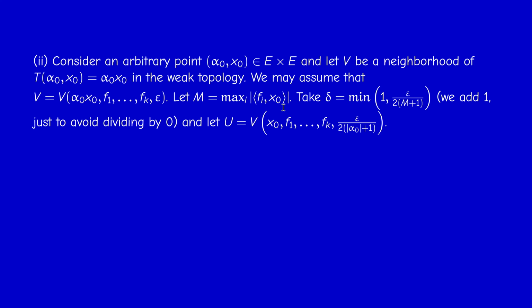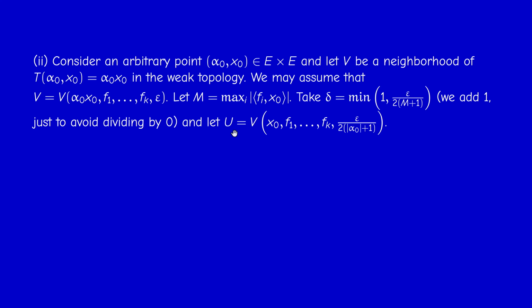The fact is that I want delta to be less than epsilon over 2M for a reason that will become clear now. And I want delta to be less than 1 as well for another reason. You'll see why now.